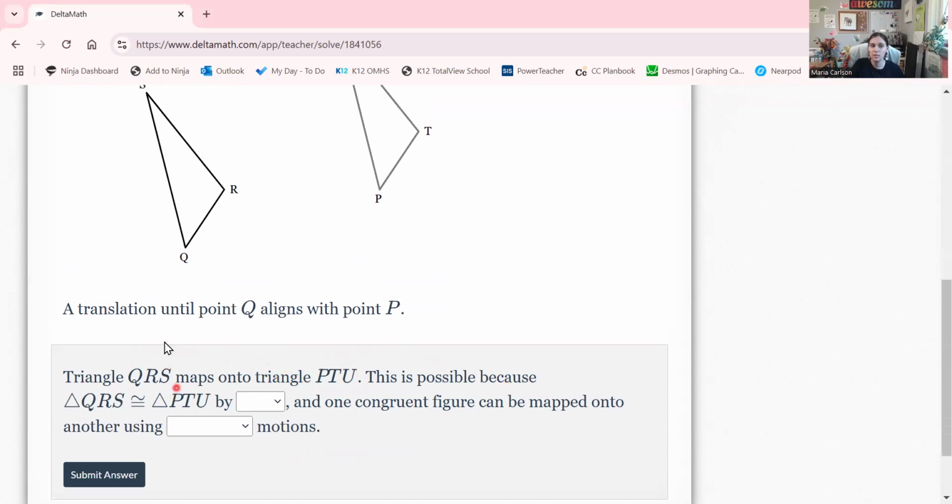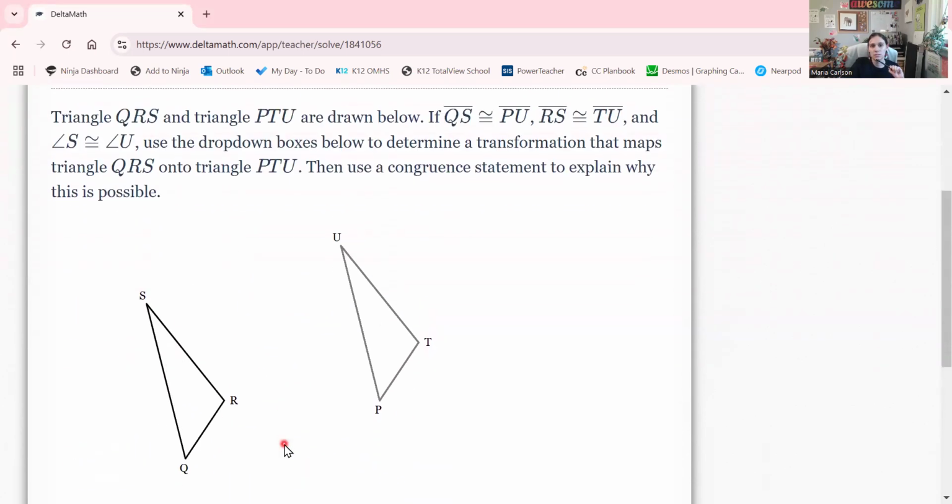This is possible because triangle QRS is congruent to triangle PTU by, and then we have those options again, and one congruent figure can be mapped onto another using, and we remember that only rigid motions will produce these congruent figures. So what's the postulate or theorem that allows us to say this, besides the fact that we have these rigid motions?